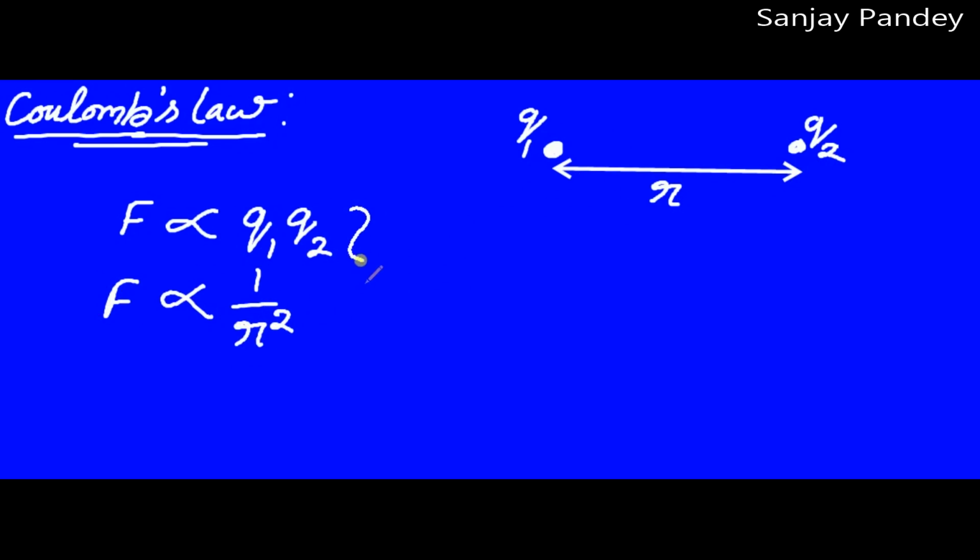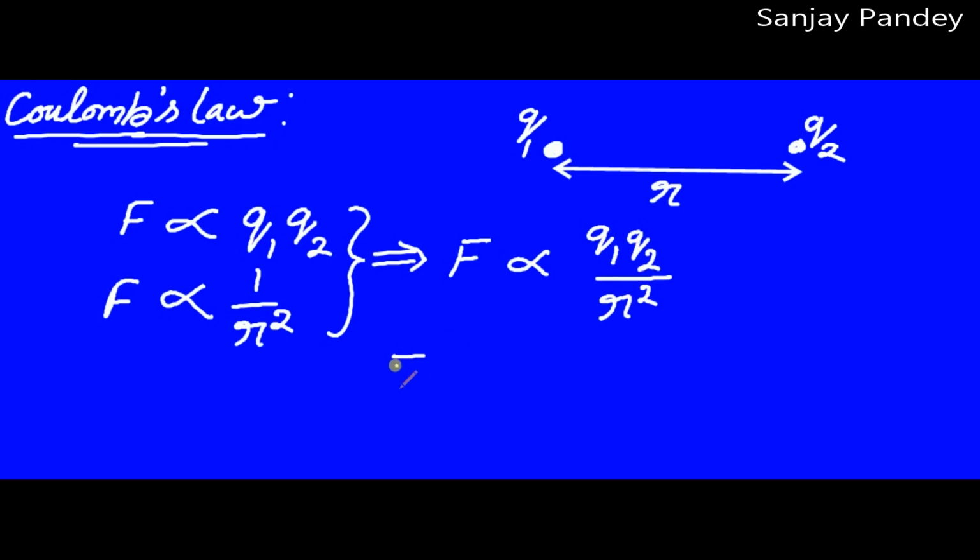These two statements give a single statement: F is proportional to q1 q2 upon r square.